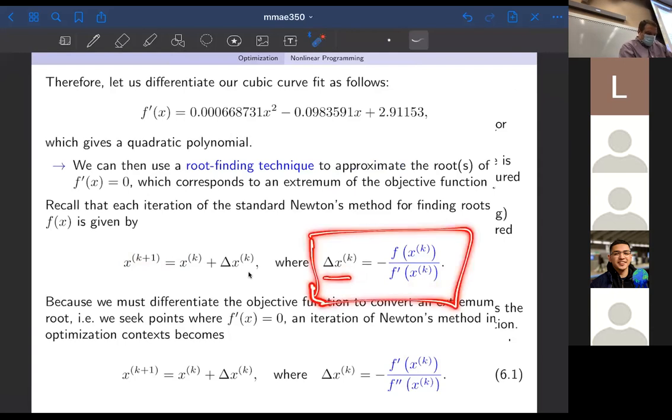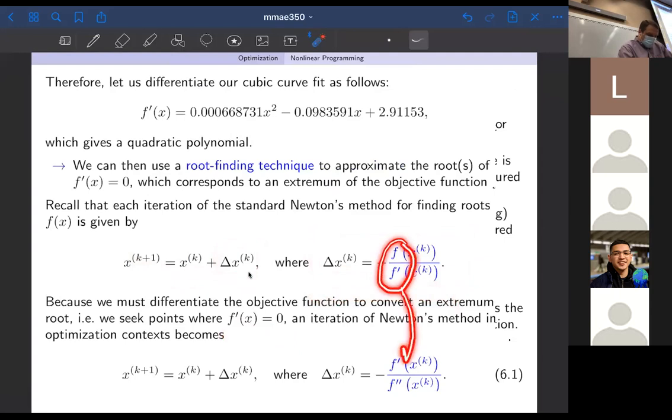So we calculate delta x from this expression, and then we use that to correct our last approximation for the location of the root. Now, in this case, this is a little bit confusing, but because we're looking for the root of f prime of x, all of these derivatives have to be upgraded by 1.